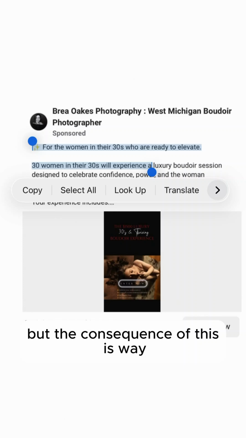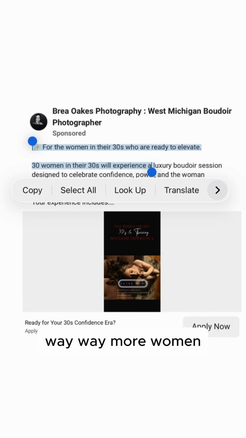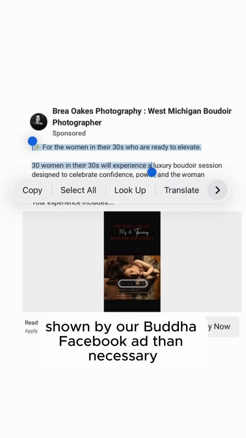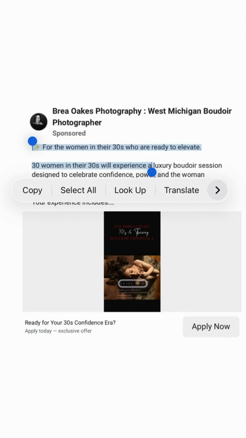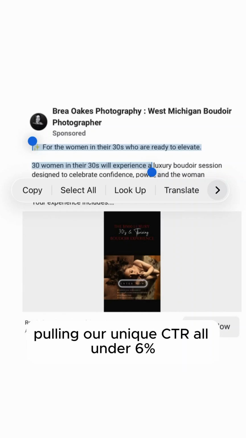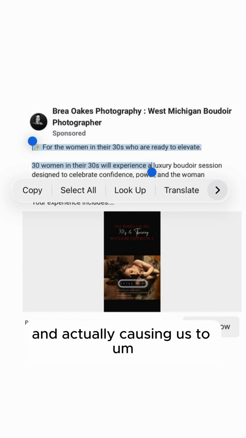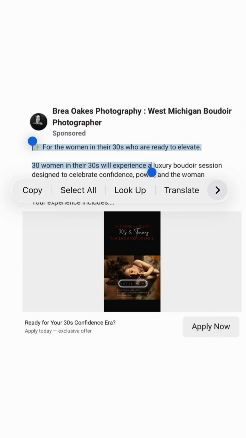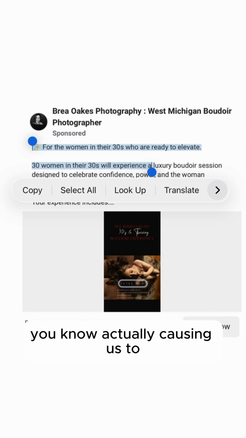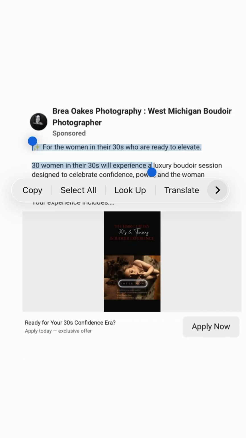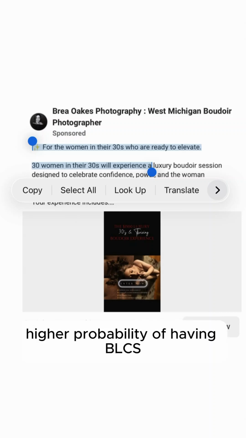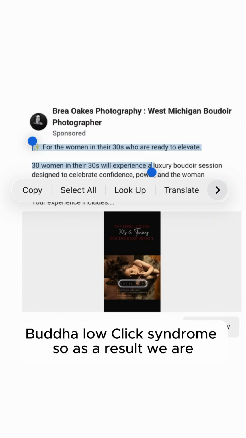But the consequence is way more women scrolling by our Boudoir Facebook ad than necessary, pulling our unique CTR under 6%, and causing a higher probability of having BLCS, Boudoir low click syndrome.